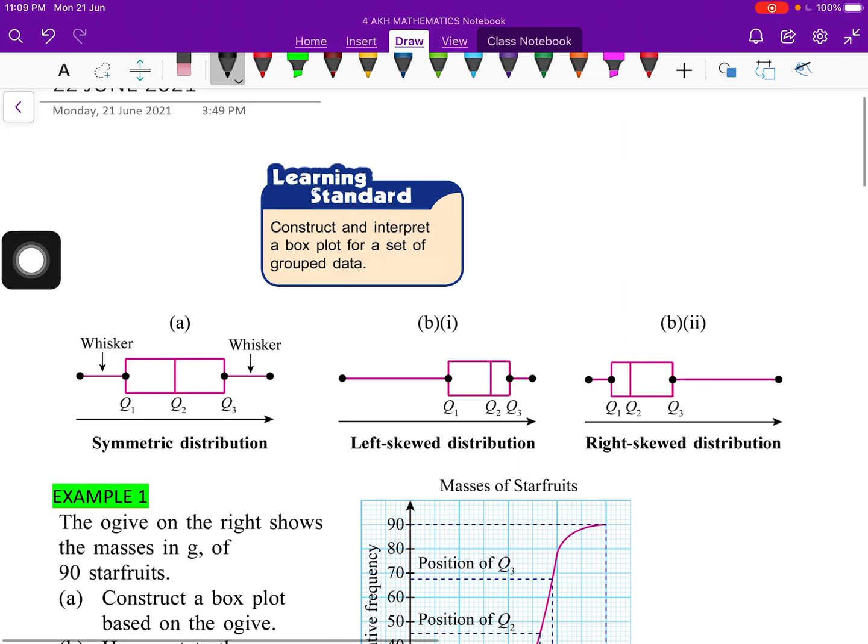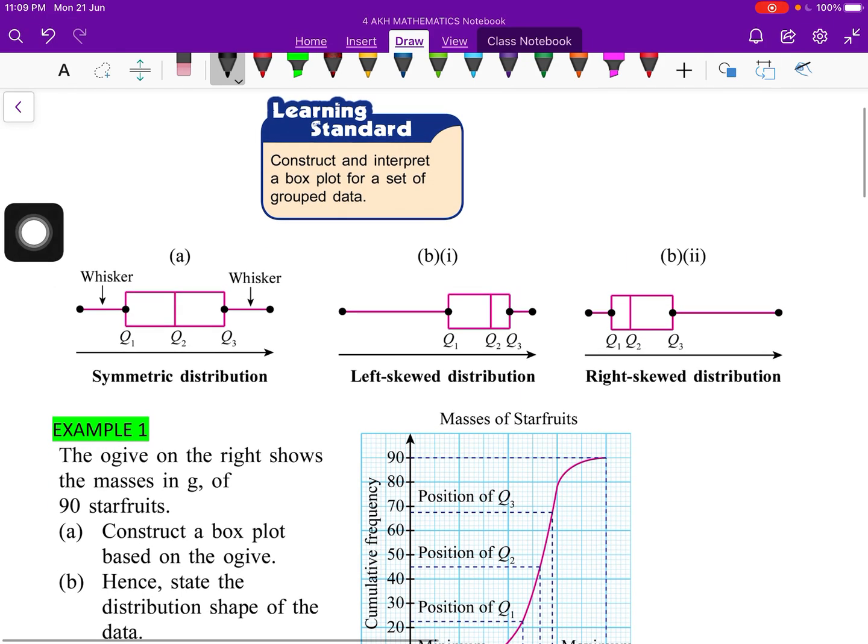Siapa yang terlupa, titik di sini adalah untuk kita punya minimum value dan titik sebelah sini adalah maximum value. Titik tengah-tengah ni adalah the first quartile. Tengah-tengah adalah median. Ini adalah third quartile kita. Okay, ini adalah box plot di mana kita construct box plot pada tingkatan 4.